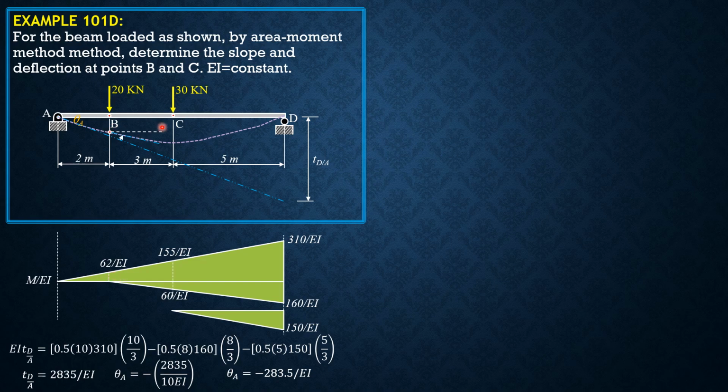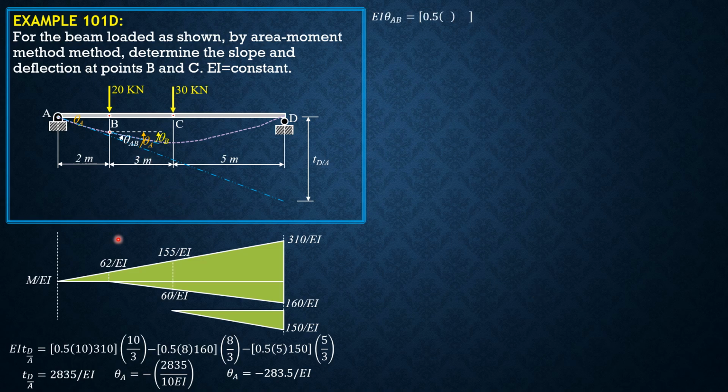So that's the horizontal through B. From this tangent at A to the horizontal, that's theta A also. And from the tangent at B to the horizontal line, that's theta B. If this figure is correct, then theta B is also negative: negative of the absolute value of theta A minus the absolute value of theta AB, as long as the sign of theta B is negative. So let's evaluate theta AB.